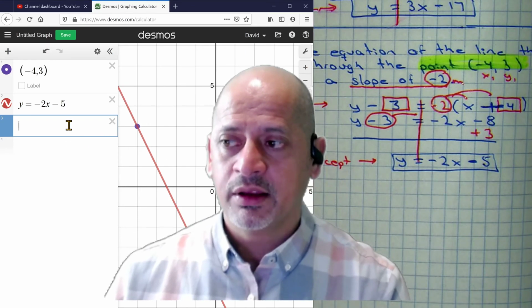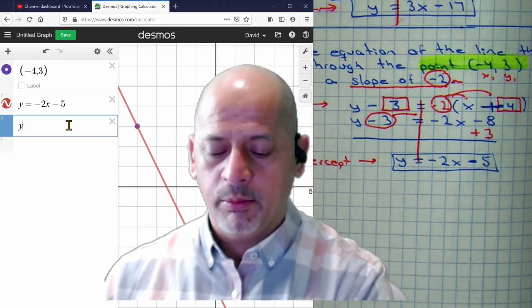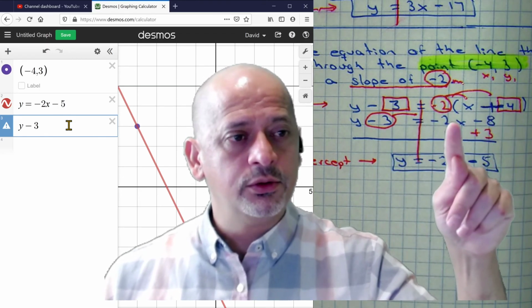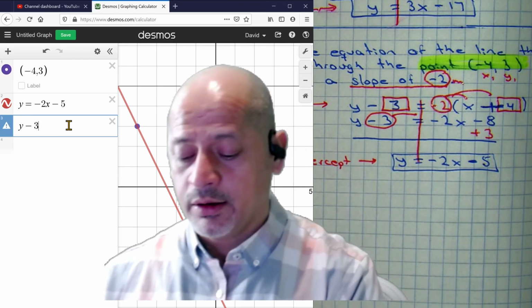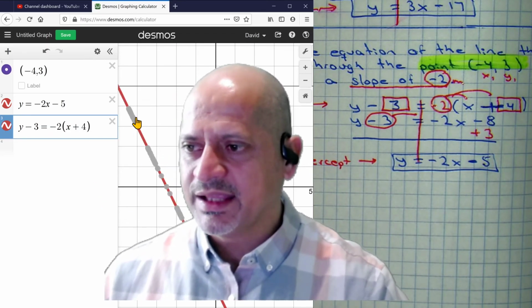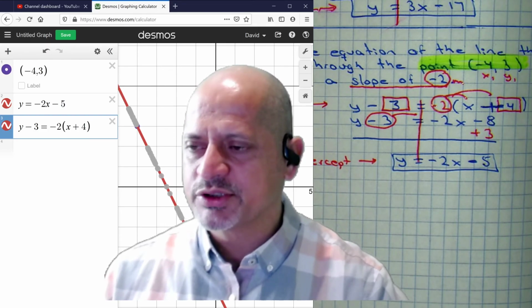So let's test it out. I'm going to type in y minus 3 equals -2 parentheses x plus 4. And notice that they give you a whole bunch of intersections, but right now I'm just going to click out of it.